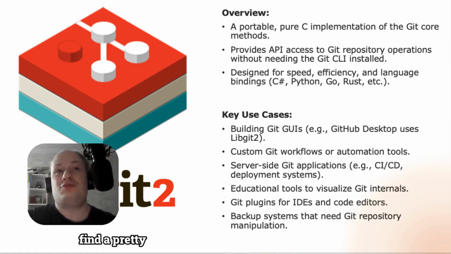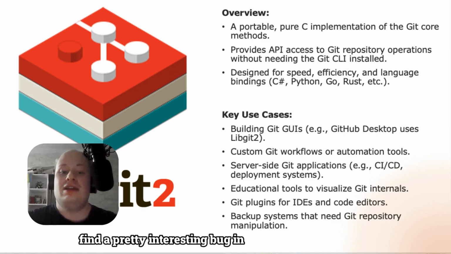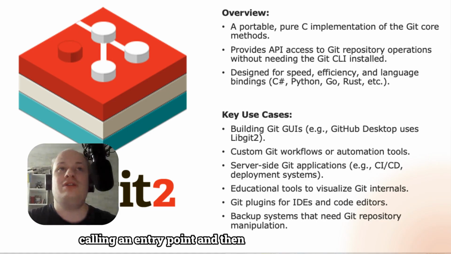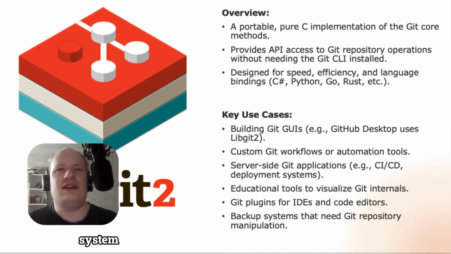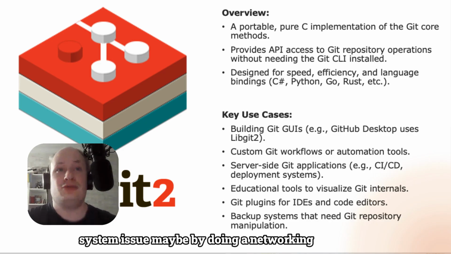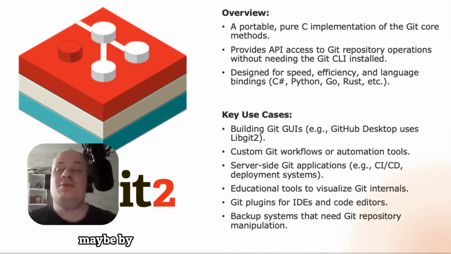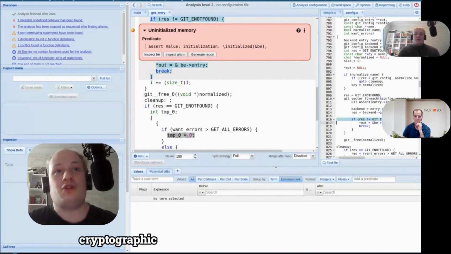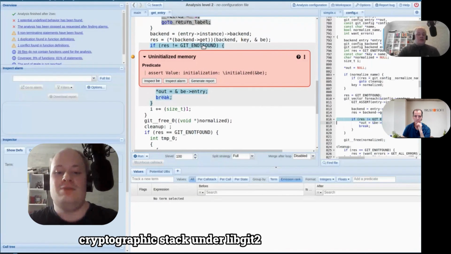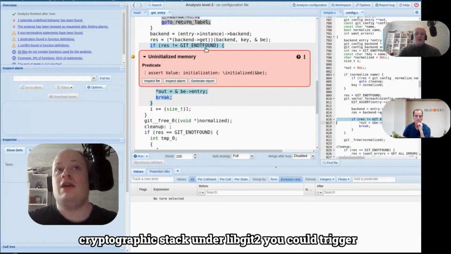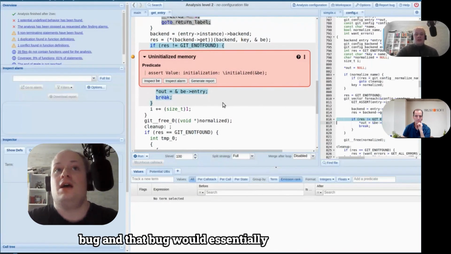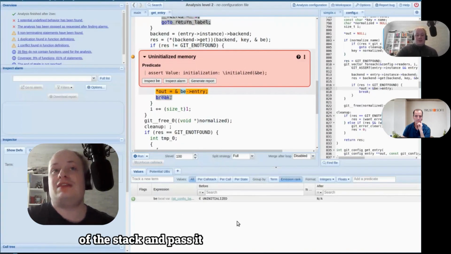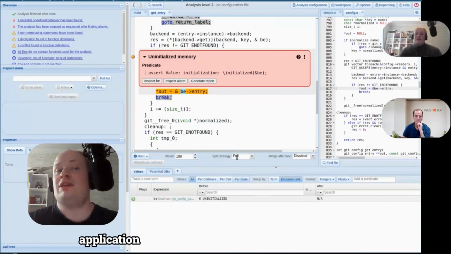We did find a pretty interesting bug in libgit2 where by calling an entry point and then triggering a file system issue, maybe by doing a networking issue, maybe by switching the hashing stack, the cryptographic stack under libgit2, you could trigger a bug, and that bug would essentially read some data off of the stack and pass it to some other part of the application.